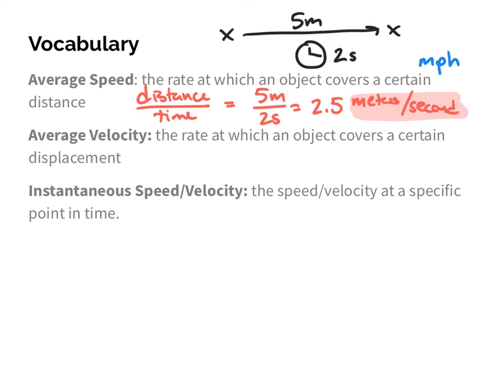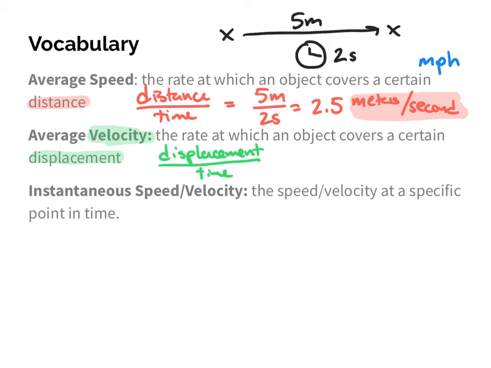So that is speed. Now, we also refer to things in terms of speed as velocity. The big difference between these two is velocity takes into account direction. So you'll see here in this definition, displacement, whereas speed takes into account distance. So velocity is simply going to be the displacement in a certain amount of time.